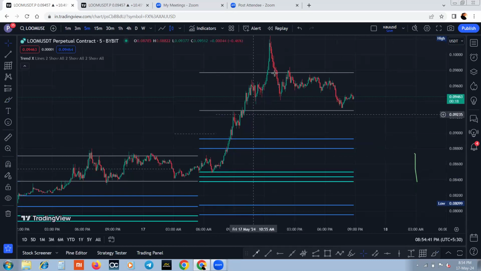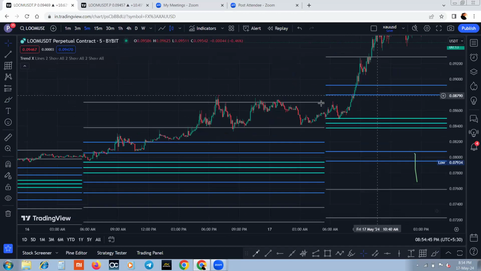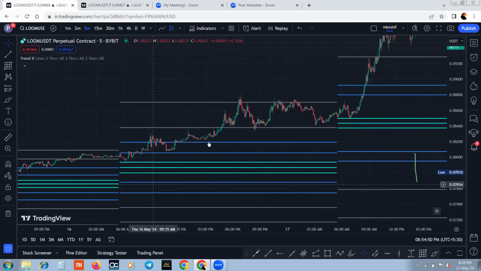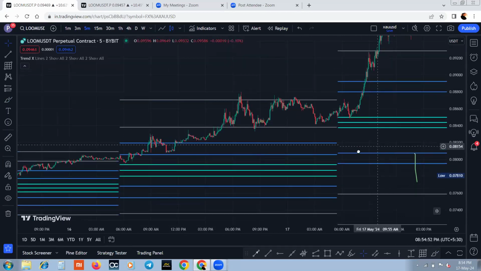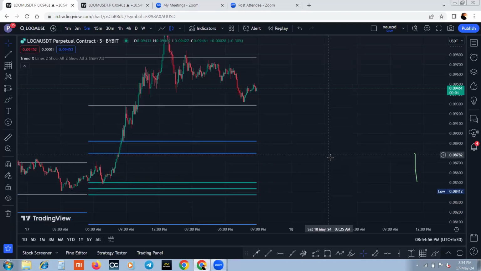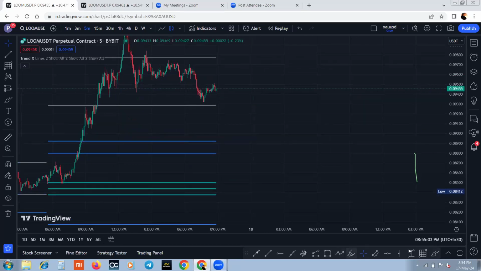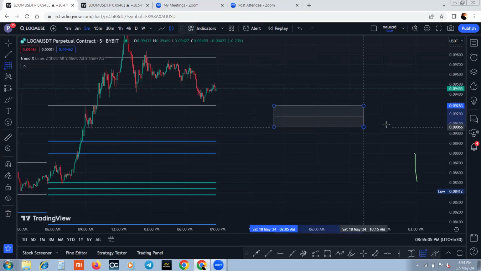Correct? You have to choose one coin. And always remember, whenever you see the day high, day low, you have to mark those zones. Okay, this is today's high the market made. See, I'll tell you, assume that this is the daily X, correct?